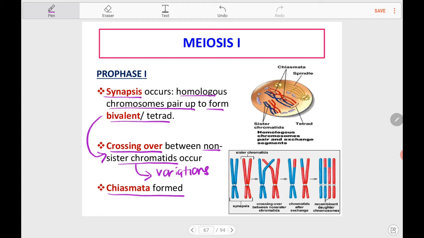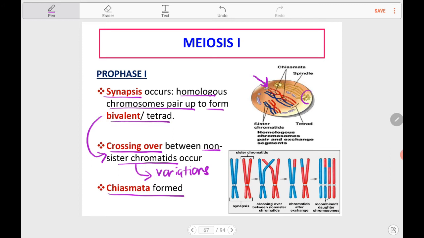comparison to mitosis. So selain daripada synapsis, other processes that occur during prophase 1 of meiosis 1 that is also similar to prophase of mitosis adalah seperti disintegration of the nuclear envelope.